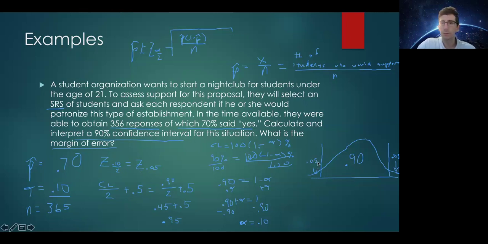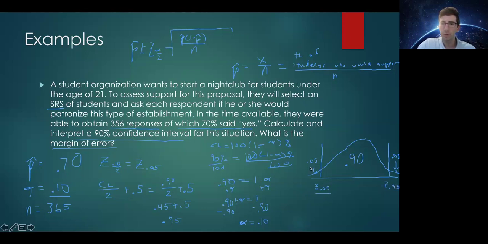So we've got 5% below, 5% above, and here's our 90% interval. If you plug z of 0.05 into your calculator, this is that negative z value you'll get. And then here's the z of 0.95.